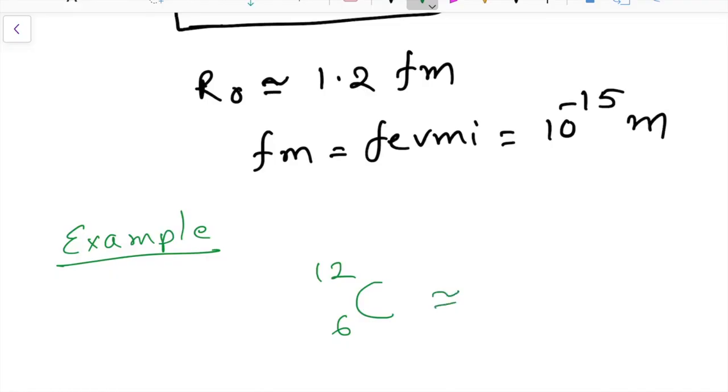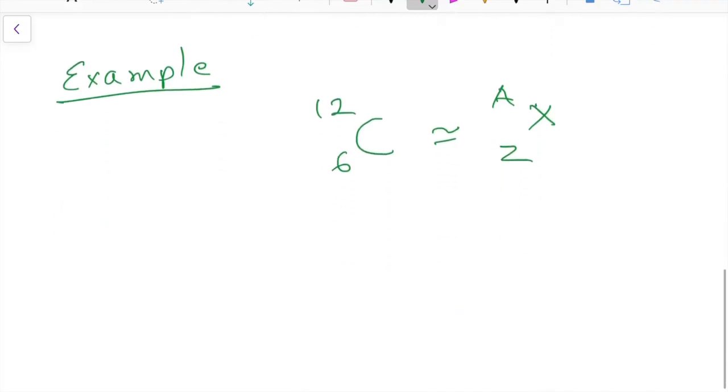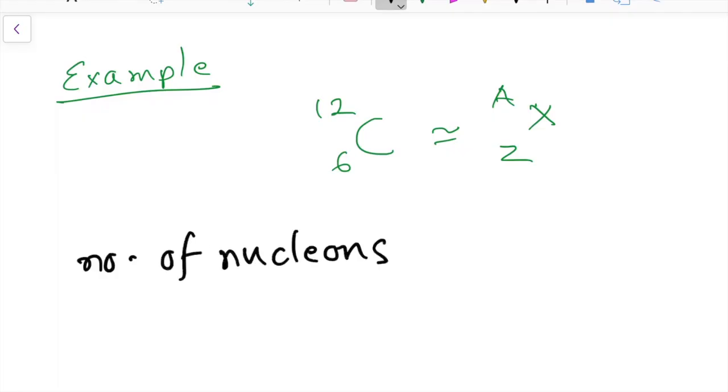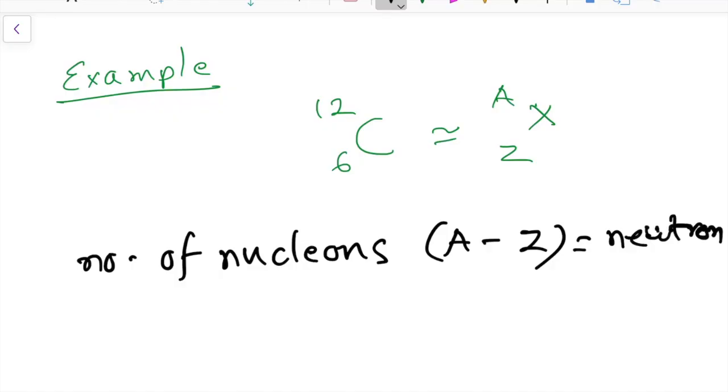It is similar to X with A and Z. A minus Z gives the number of neutrons. If you want to find out the neutrons, you can use this formula. But if you want the number of nucleons, nucleons means protons plus neutrons.